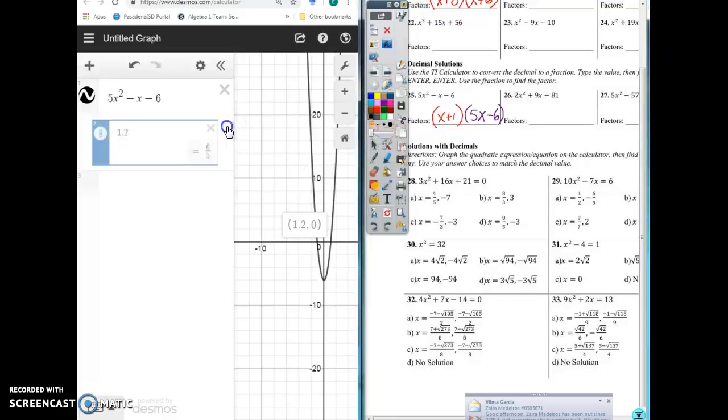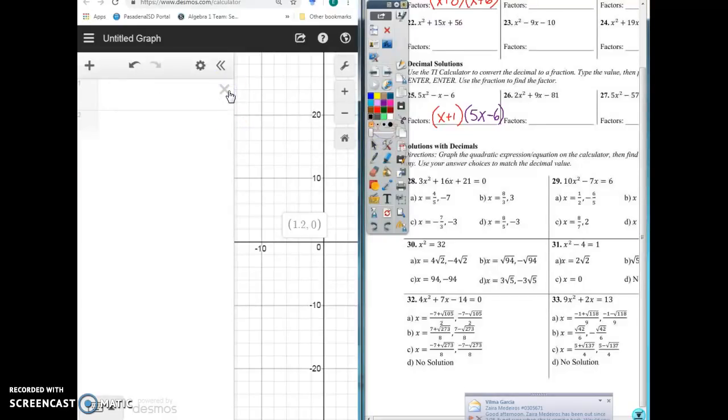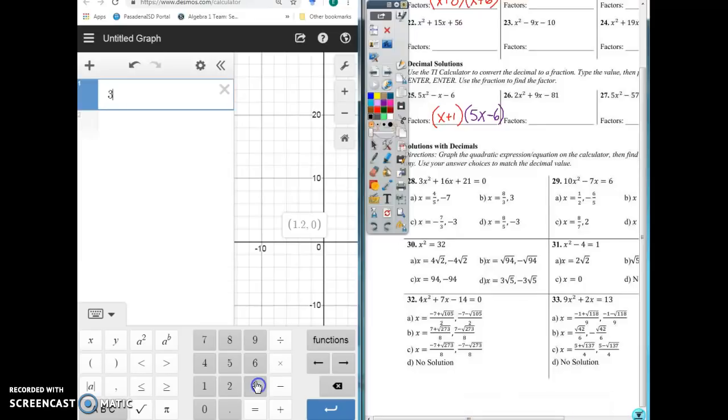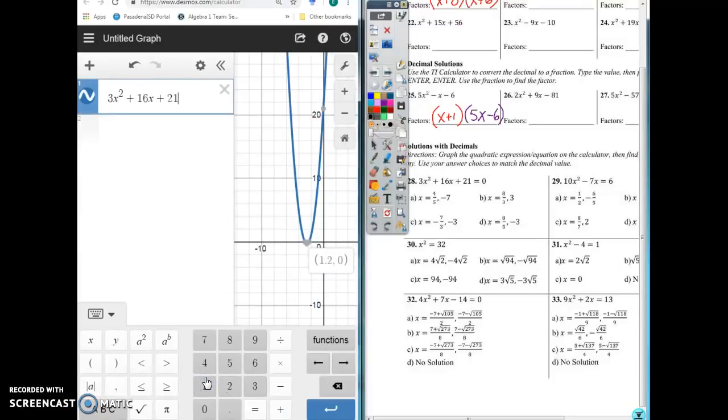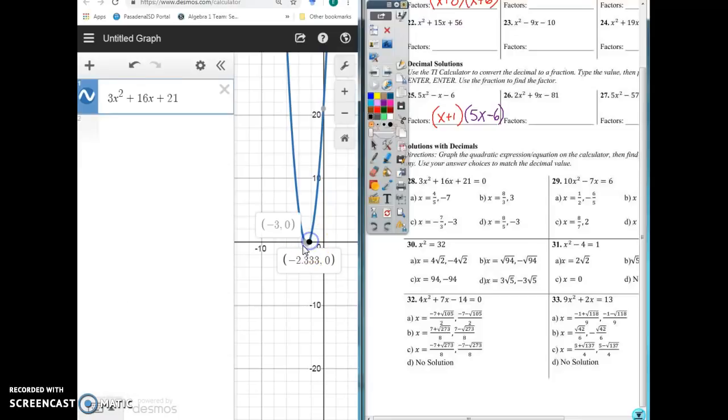So we're going to type the first one. 3x squared plus 16x plus 21. My answers are -3 and -2.33333. So I know that it's -3 and a negative number. This is positive. That's not it. This is negative. So let's check it.